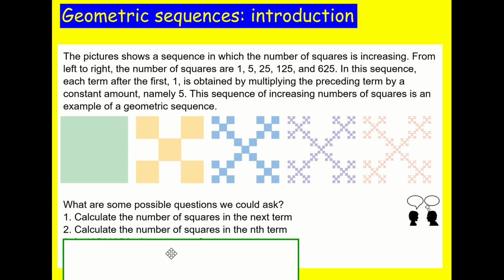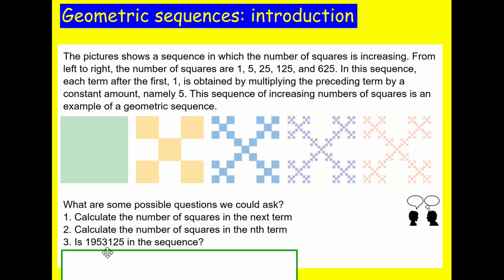We could calculate the number of squares not just in the sixth term, the seventh term, the eighth term, but in the nth term, i.e., in any term. How could we do that? I'm not asking you to work these out, I'm just getting you to think about what we could potentially ask. We could ask if a certain number was in the sequence. Like the number 2 is not in the sequence because we jump from 1 to 5.